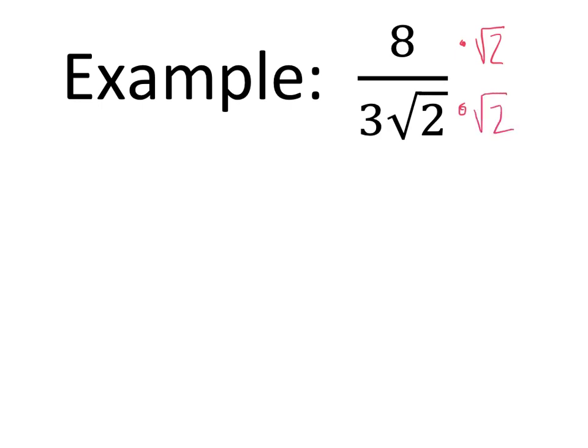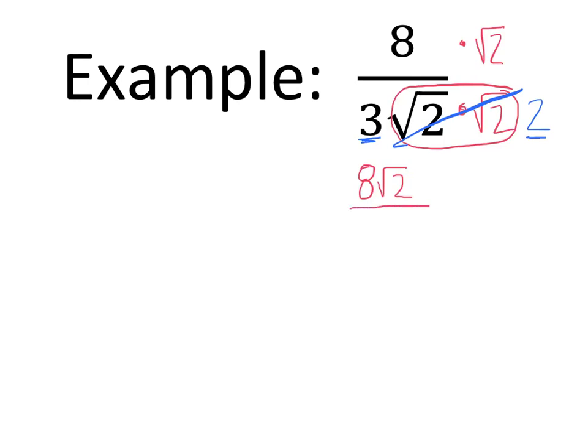On top, you're going to have just 8 radical 2. Now, when you multiply radical 2 times radical 2, that equals 2. So you have 3 times 2, which gives you 6. So on the bottom, or in the denominator, I'm going to make that a 6.